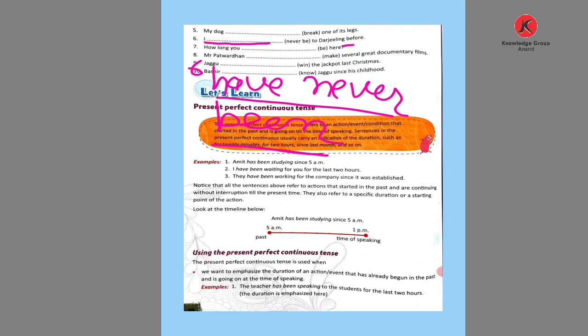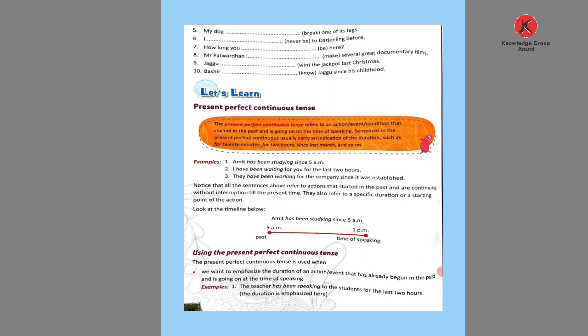Number 6 answer. Then number 7: how long you blank here? Here we use the be form. So the answer is how long have you been here.